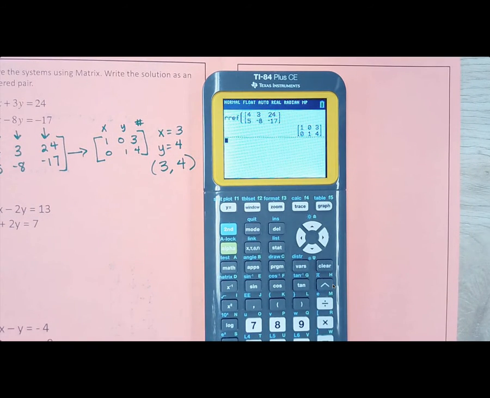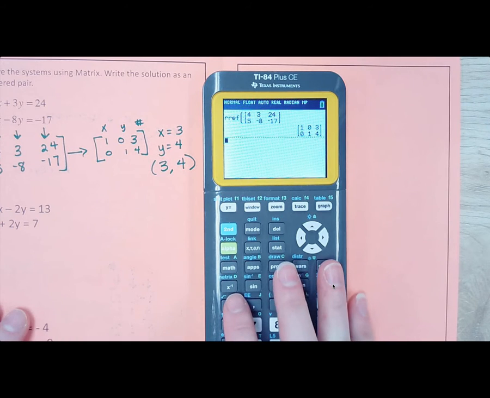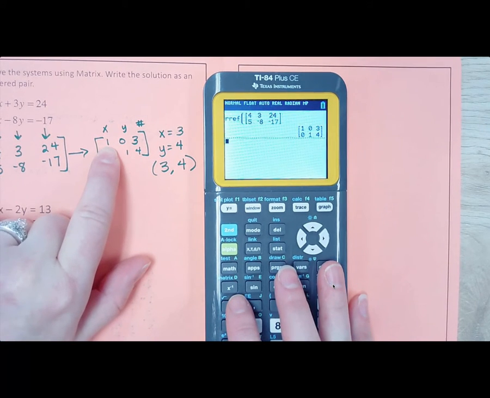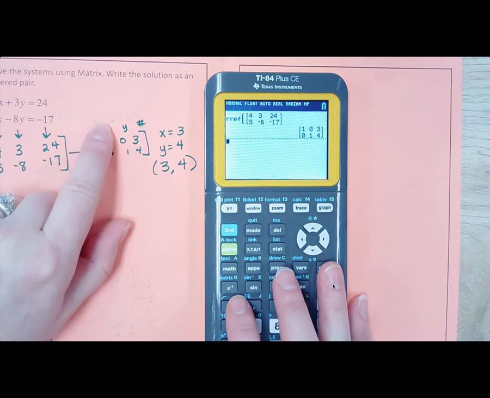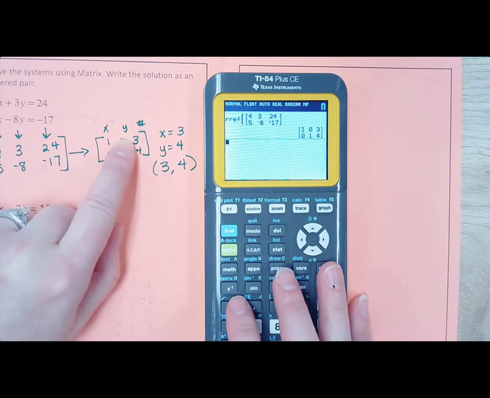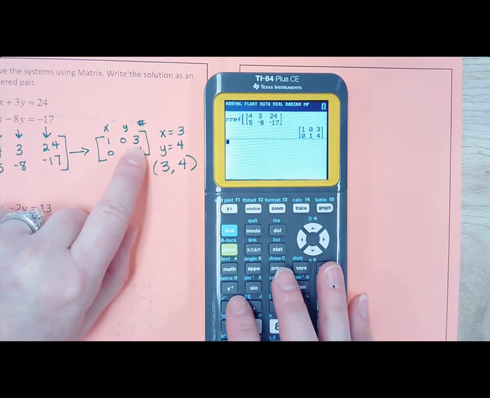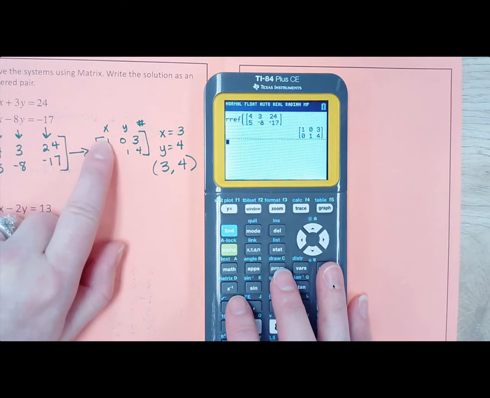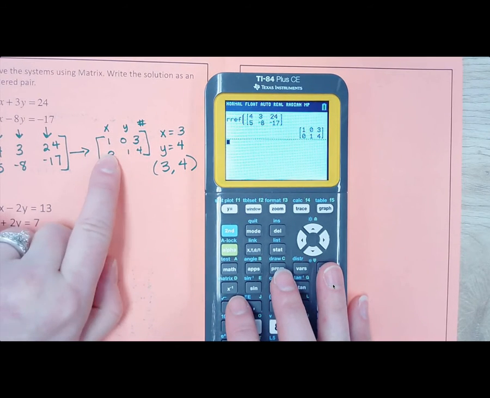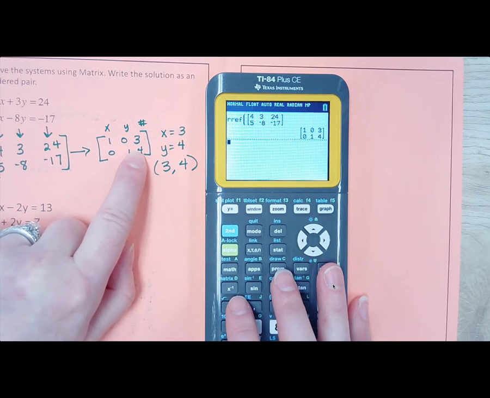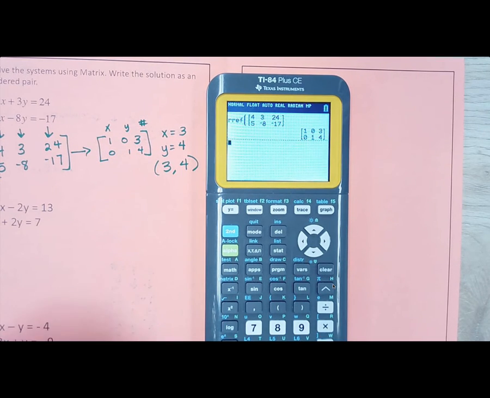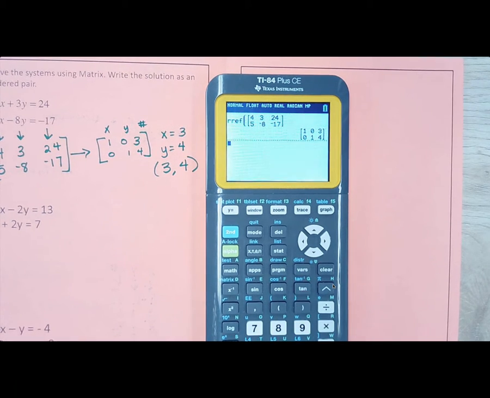So if it has like a 1 or a 0, no, because all this is saying is 1x, 0y, 3 equals 3. So that just means x equals 3. 0x, 1y, 4 means 1y equals 4 or y equals 4. So that's kind of the format that it's giving you your solution in.